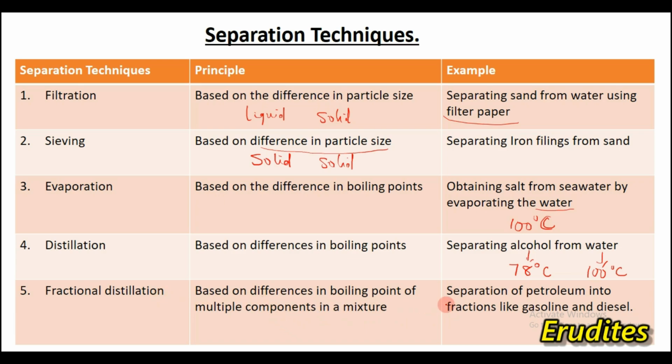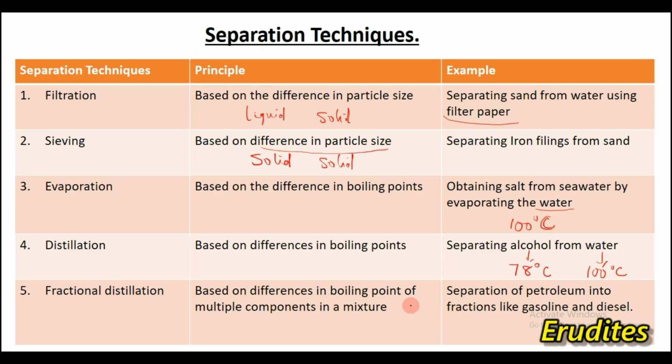An example of fractional distillation is separation of petroleum into fractions like gasoline, diesel, petrol, kerosene. This process uses fractional distillation, and this is possible because of the closeness in their boiling point.